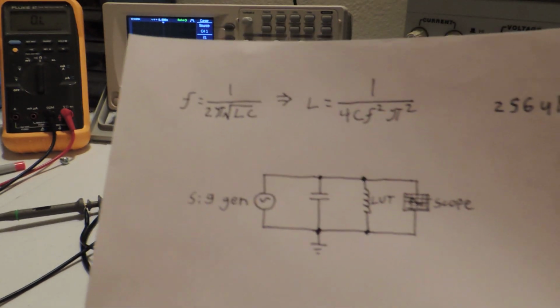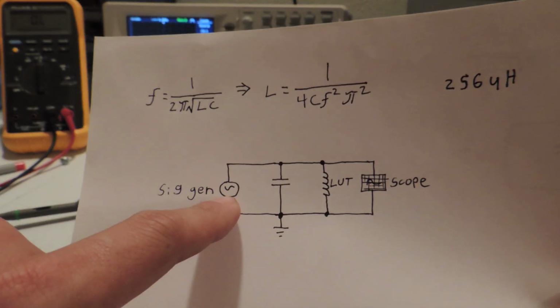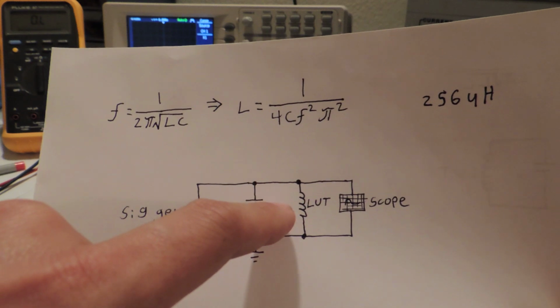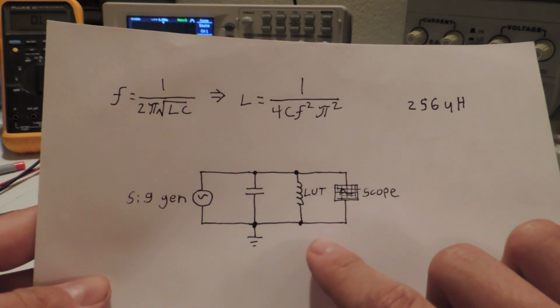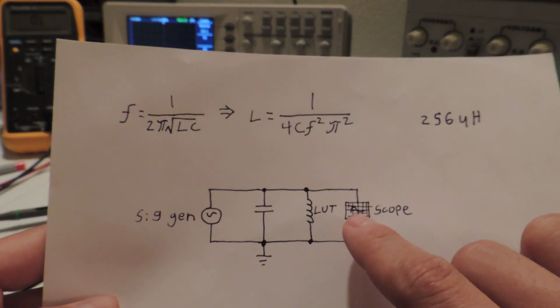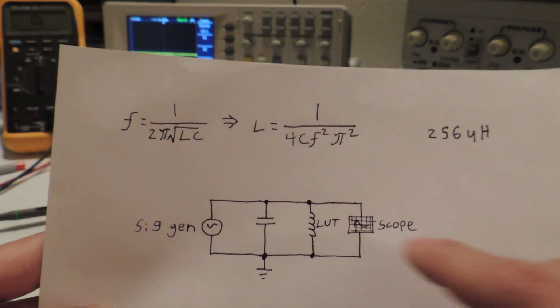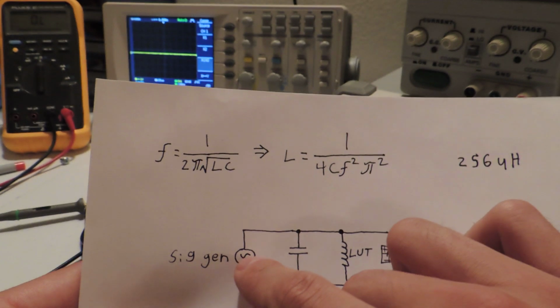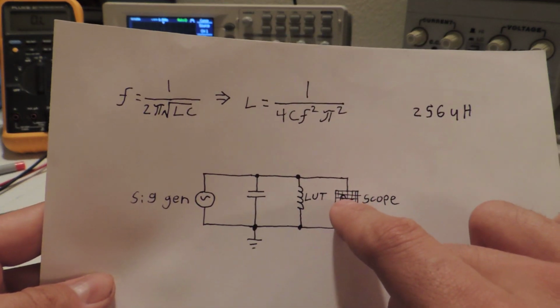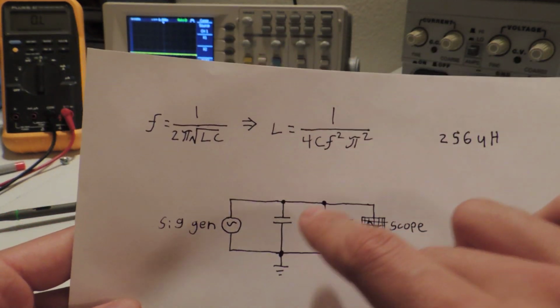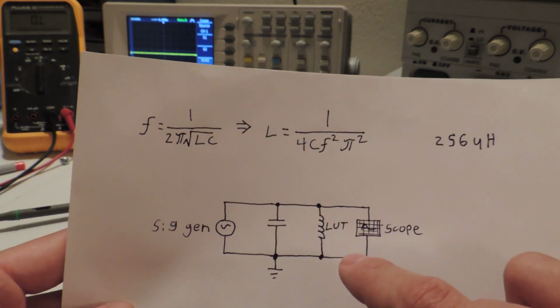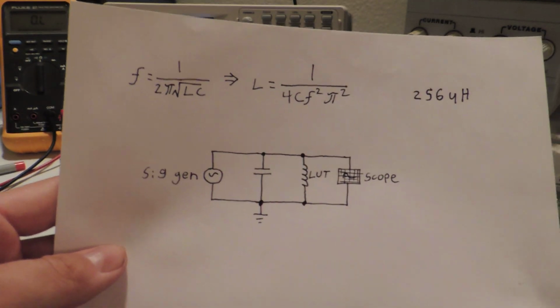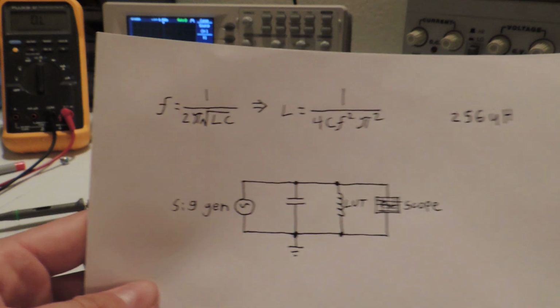So this allows us to adjust the signal with the signal generator and move it up and down in frequency until we see the maximum amplitude on the oscilloscope. Seeing a maximum amplitude, assuming the signal from the generator does not change, tells us that this network is dropping the least amount of power at that frequency, and therefore that is our resonant frequency.